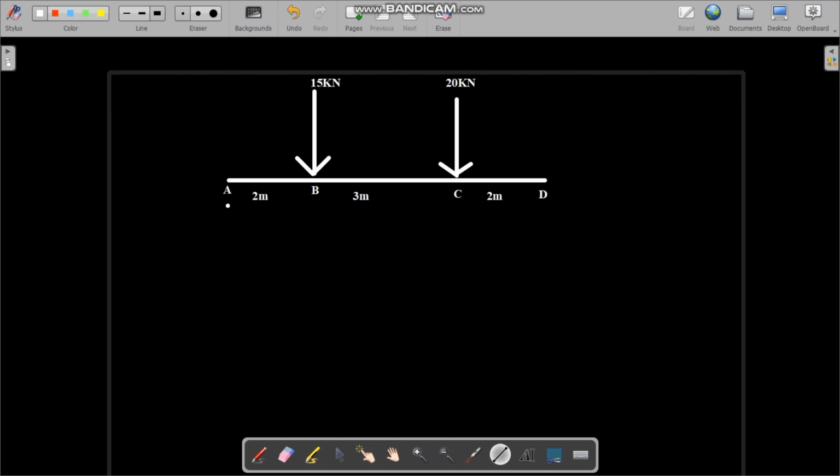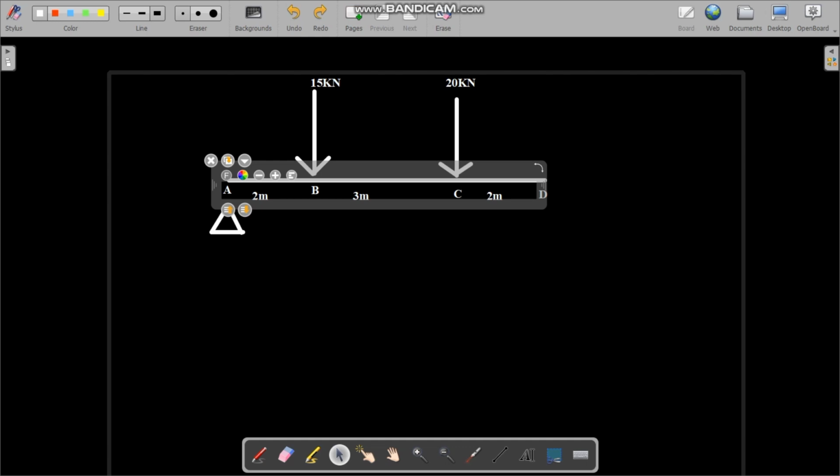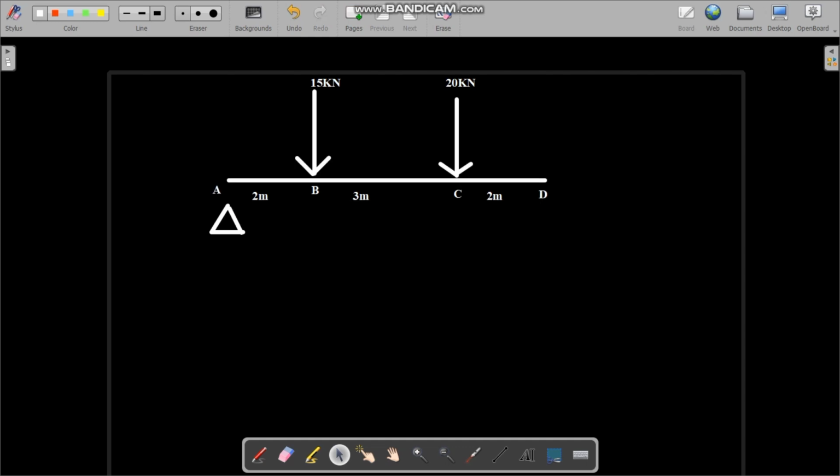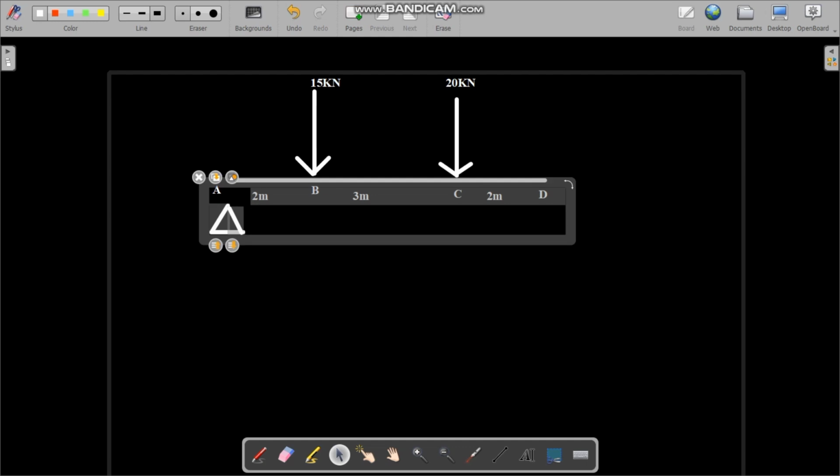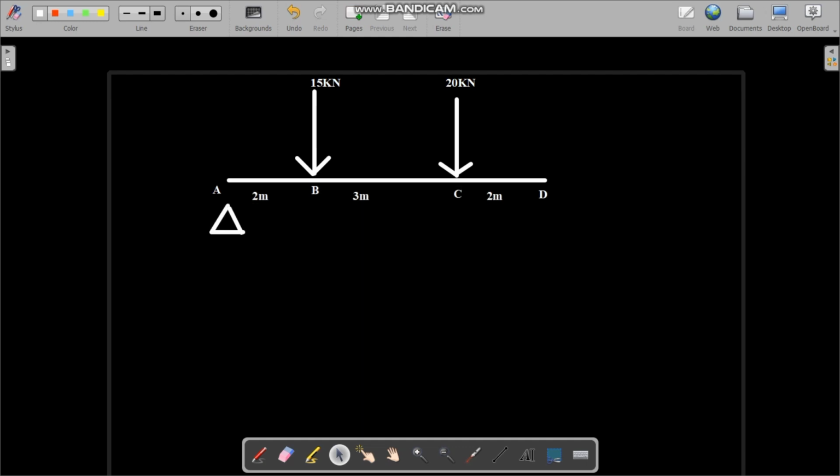As I said earlier about the supports, the hinge support is a triangle shape. I just put it at point A, and then the second one I set into its relevant spot.